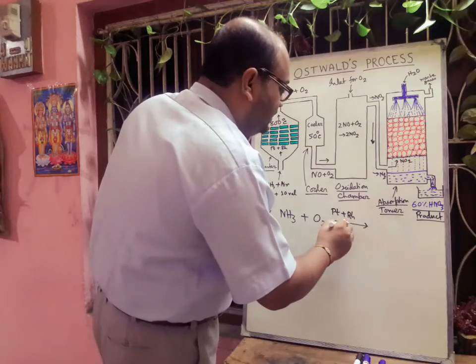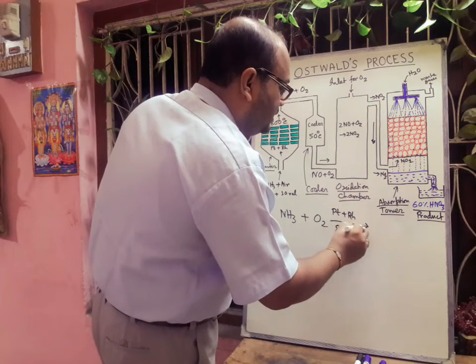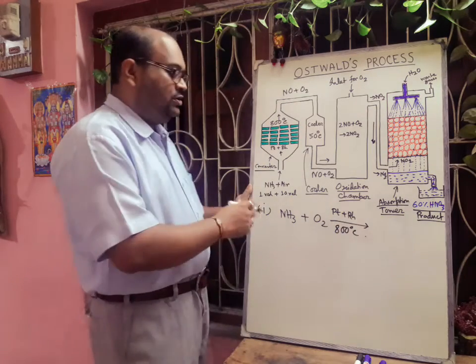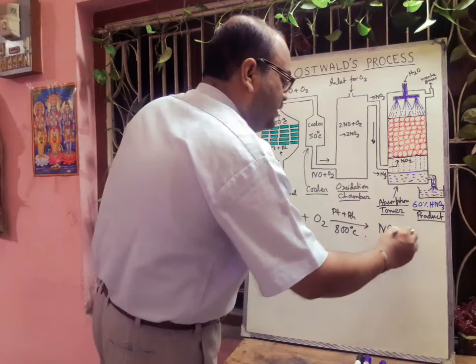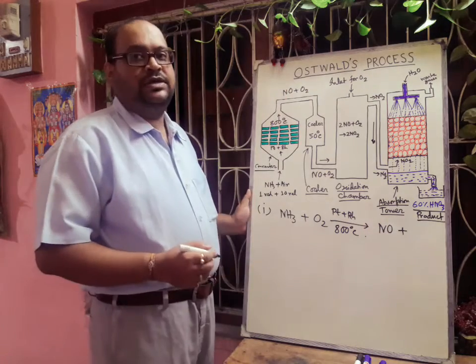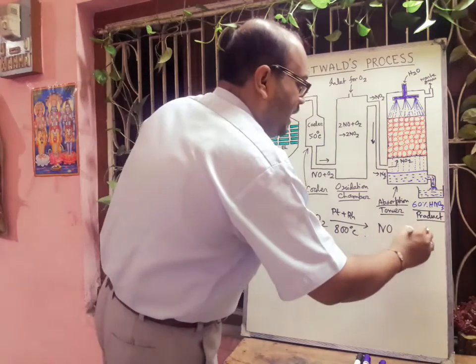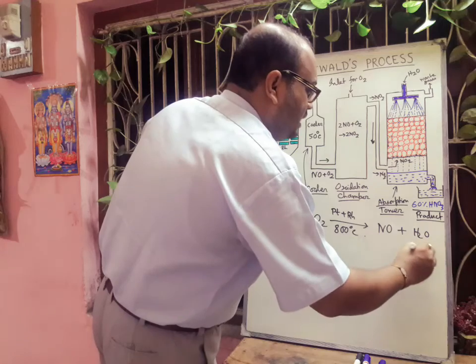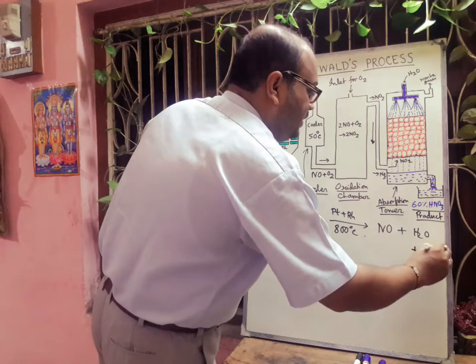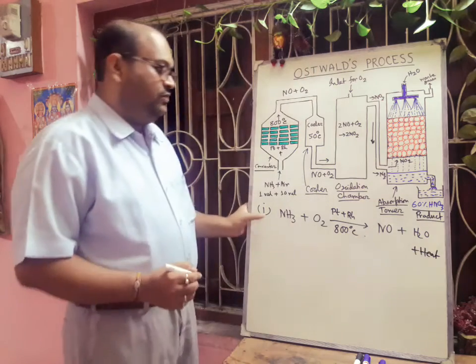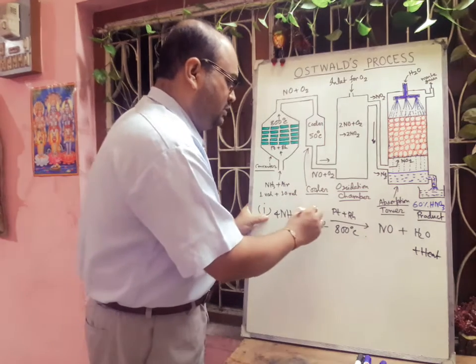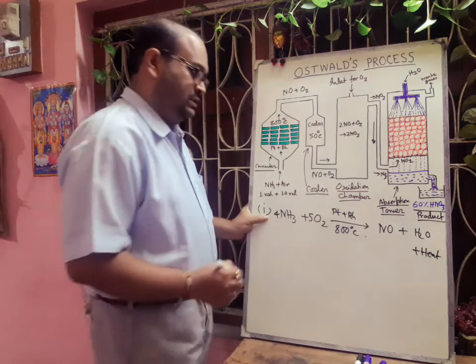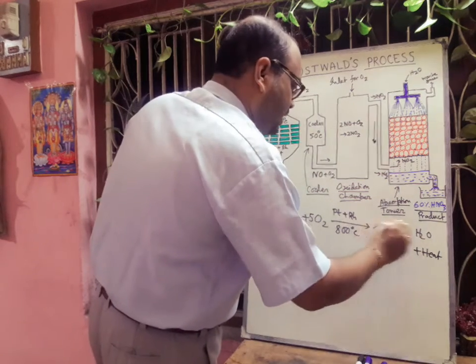The temperature required is around 800 degrees centigrade. It will produce nitric oxide and water, and this is an exothermic reaction, so there will be generation of heat also. If we balance this reaction, it is 4, 5, 4 and 6.